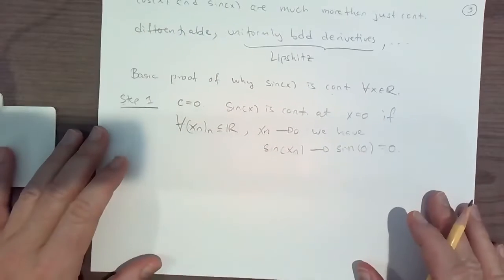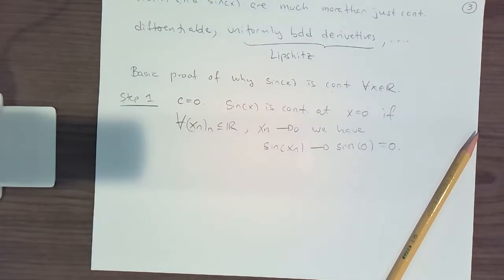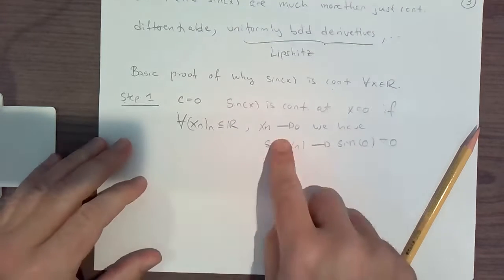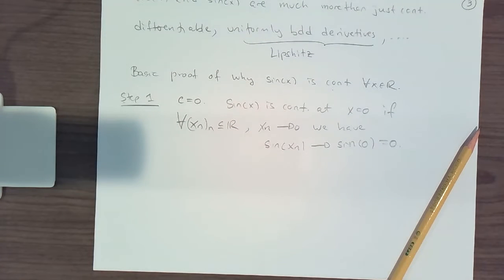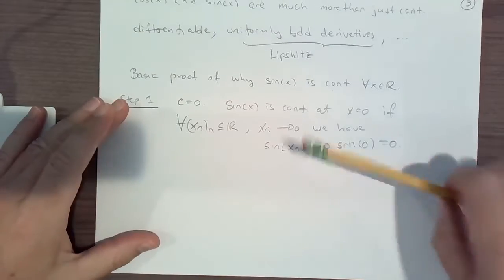So you give me any sequence of points that has a limit 0, what we need to prove is that I can move the limit inside. Okay, so how would one go about doing that?